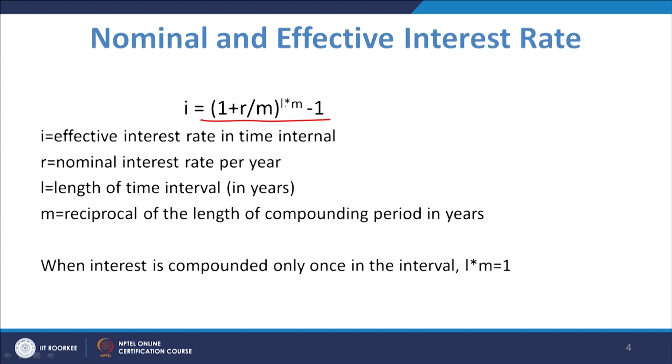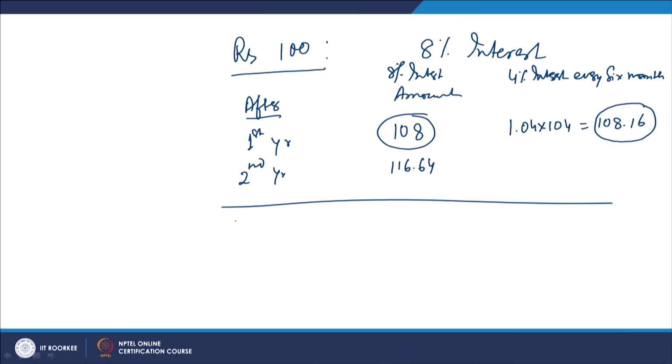So, let us see how they are changing. For example, suppose you have a 12% nominal rate compounded monthly with a time interval of 1 year.